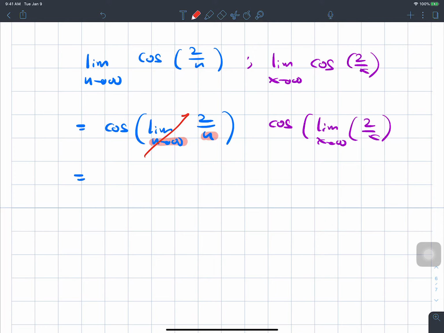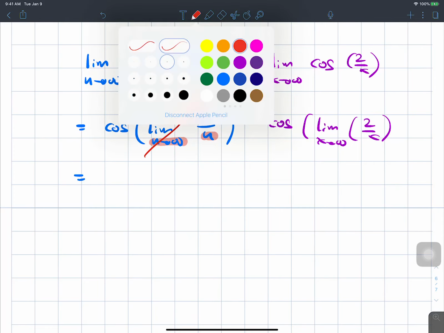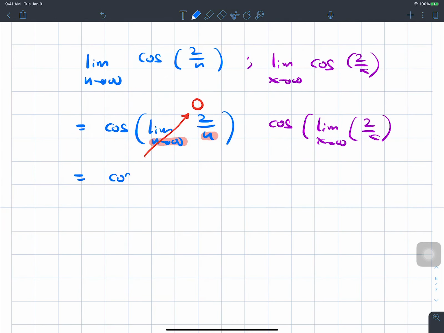So this portion goes to 0. And so we end up with cosine of 0, which we know is 1. So we have convergence.